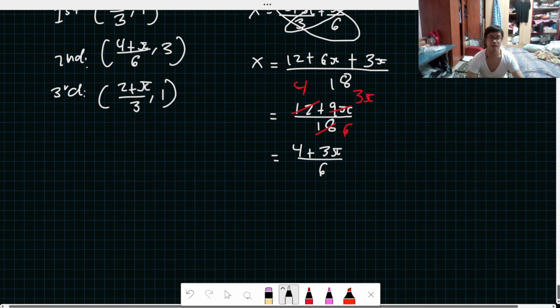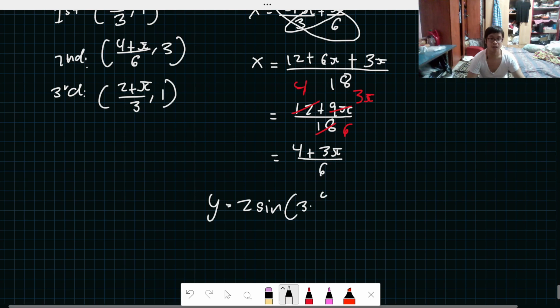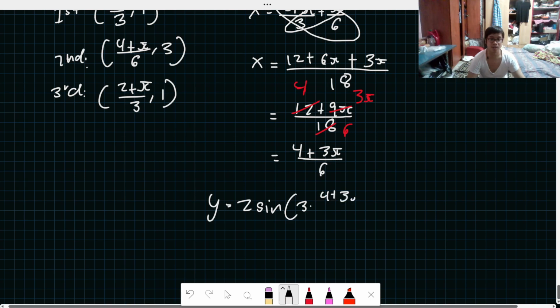Now we're going to find its y value. So you're going to substitute it to your sine function. 2 times sine of 3 times 4 plus 3 pi all over 6 minus 2 plus 1.